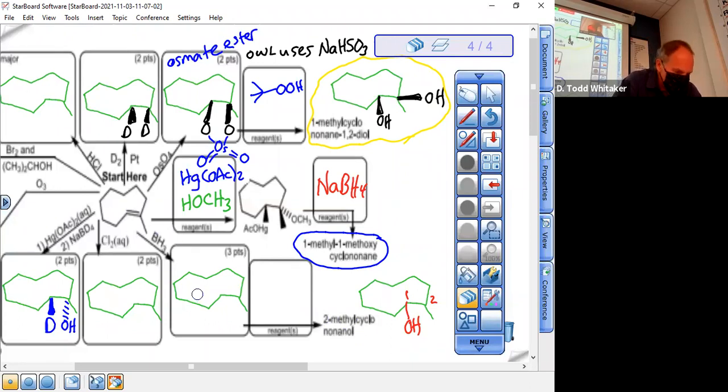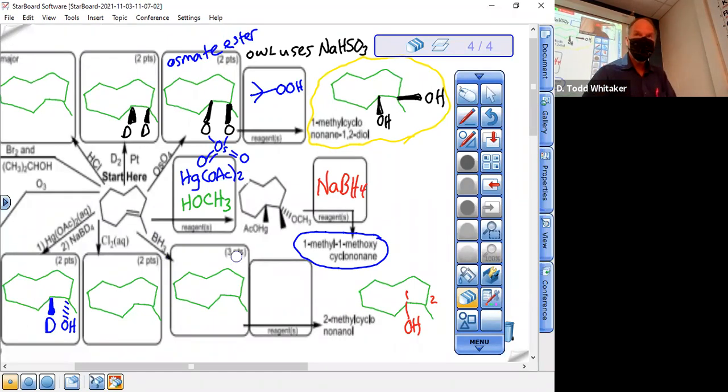BH3, 3 points. Whoa. You got to know 3 things. 1, you got to know it's a syn addition. 2, it's Markovnikov with the less electronegative B on the more substituted carbon. The more electronegative H on the more substituted carbon.